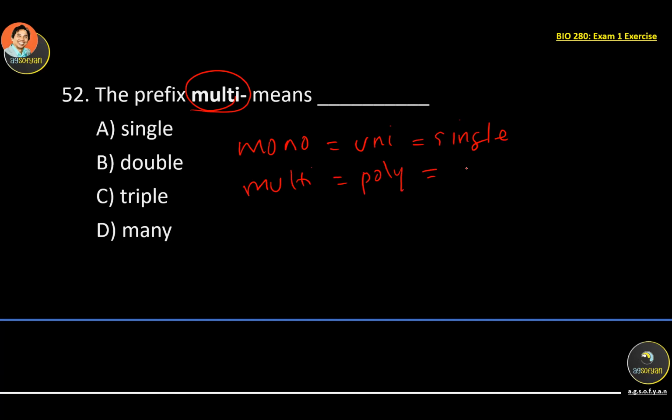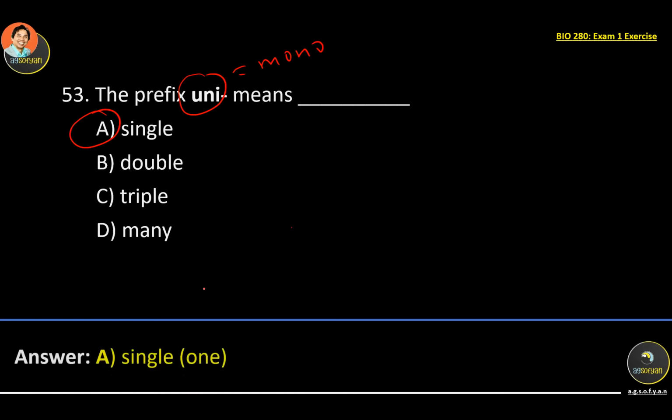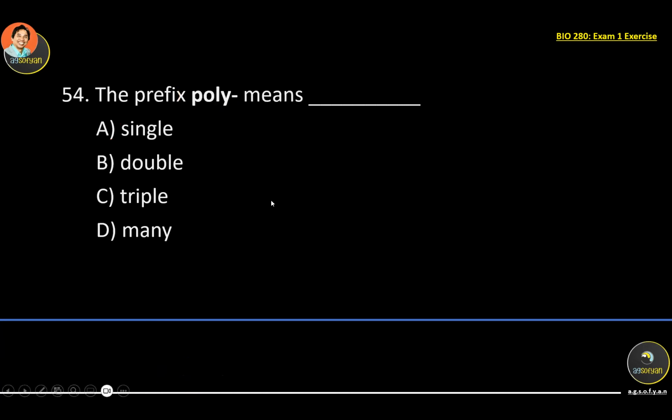It's the same thing, meaning many. So multi means many. Uni, we just mentioned that. Which one is that? A, B, C, or D? It's the same as mono, single. How about poly? We just mentioned that this is the same as multi, meaning many.